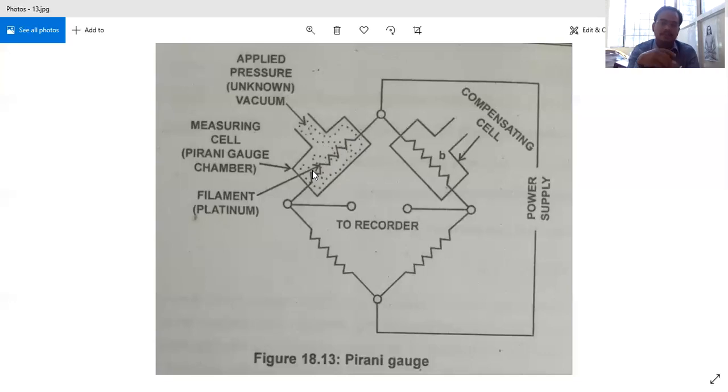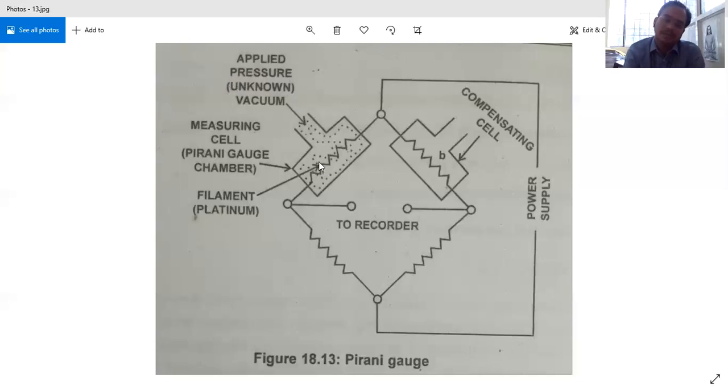When the temperature increases for a conductor, the resistance will also increase. When the resistance of this conductor increases, the change in resistance from the normal value will be calibrated to determine the pressure of the unknown applied gas.